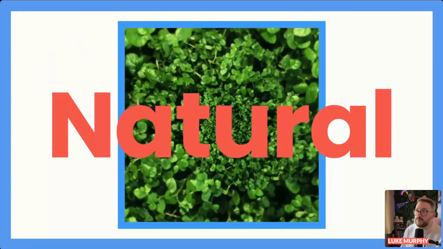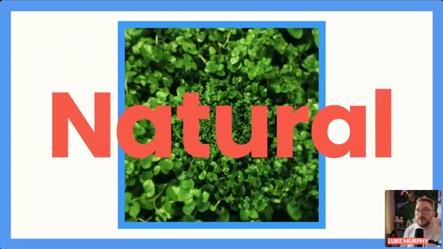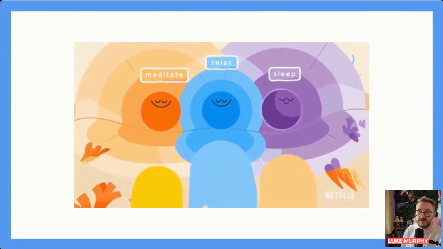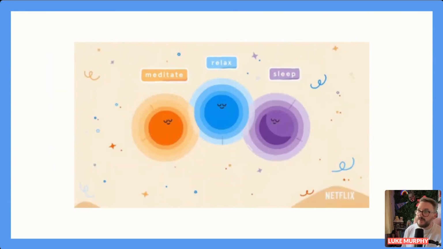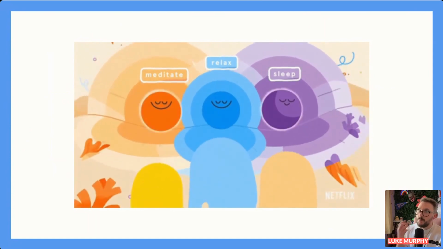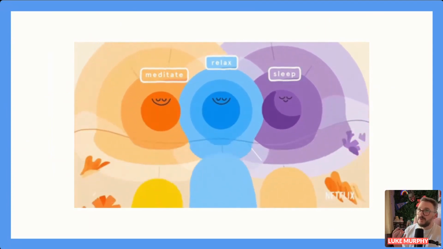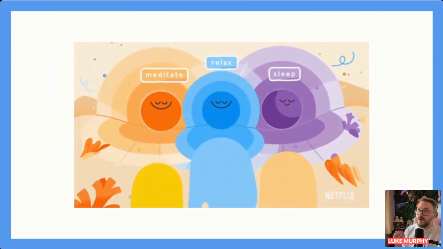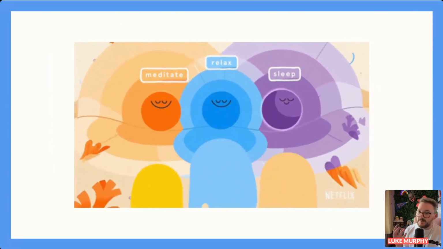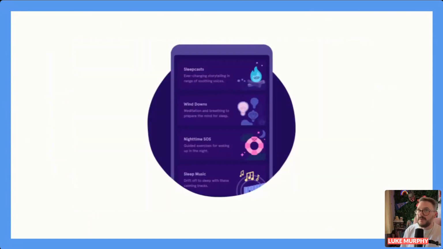Skeuomorphism is an obvious example of natural delight. But I also think Headspace do a really good job of this, where everything in the UI feels very calm and linked to mindfulness and breathing. They use a lot of motion to achieve this, as well as the color palettes, where everything just feels like the experience of breathing and being mindful in your breathing. And they extend this all through the app.